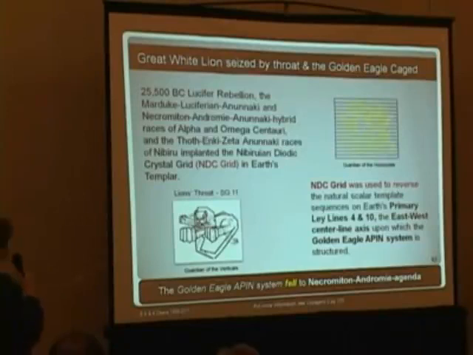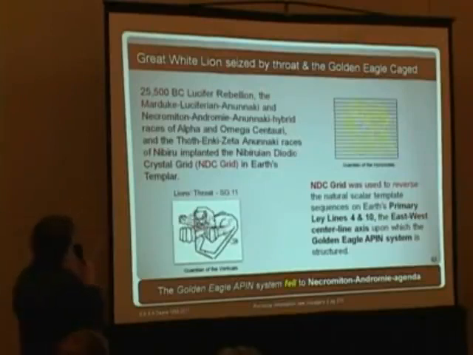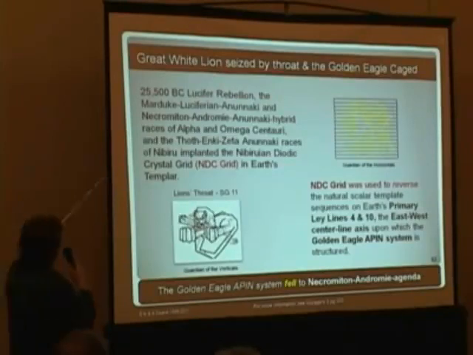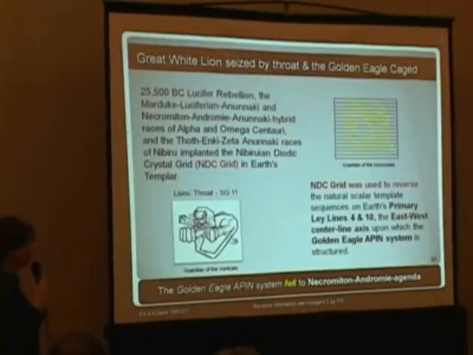So the great white lion is seized by the throat and the golden eagle is caged. The 25,500 BC Lucifer Rebellion, remember, that's when they got control of Stargate 4 and reversed the Merkabahs. The Marduk Luciferian Anunnaki and the Necromaton Andromi Anunnaki hybrid races of Alpha and Omega Centauri, and the Thoth Enki Zeta Anunnaki races of Nibiru, implanted the Nibirian dotted crystal grid in Earth's Templar.